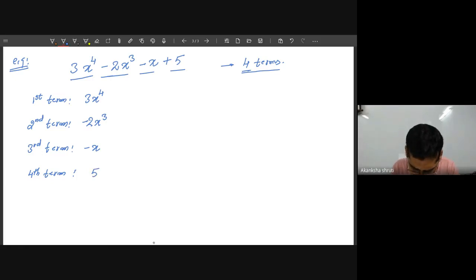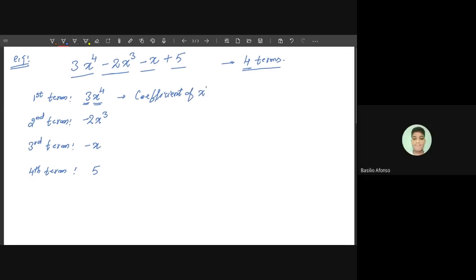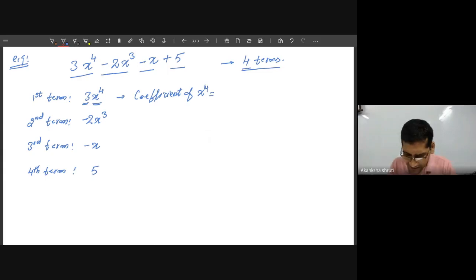A student, the term consists of a coefficient and the variables. So from here, what is the coefficient of x raised to 4? Good. So this way I will have to write the coefficient for each term, and the power of the variable is to be defined.